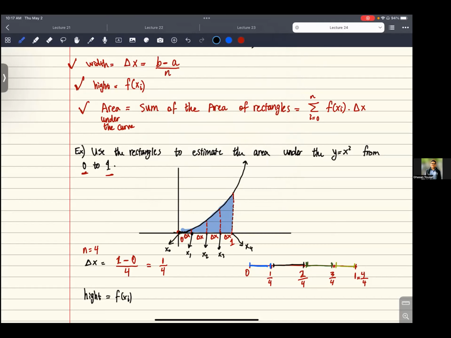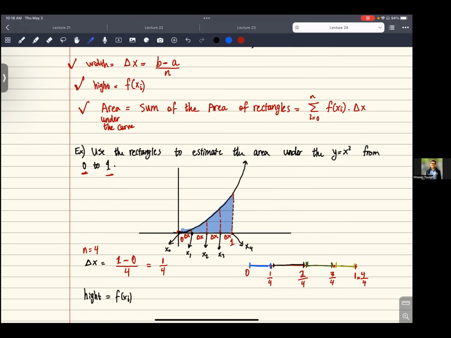Now, to find the area there are different ways. I can use the rectangles to be under the curve or above the curve. There are two estimates to find the area, an upper estimate or a lower estimate.